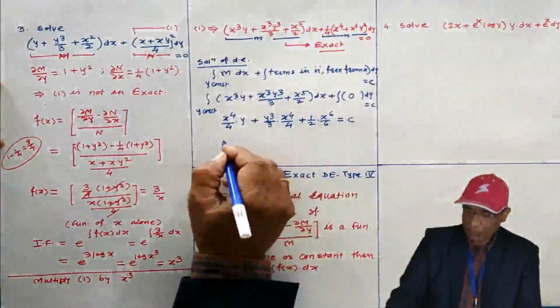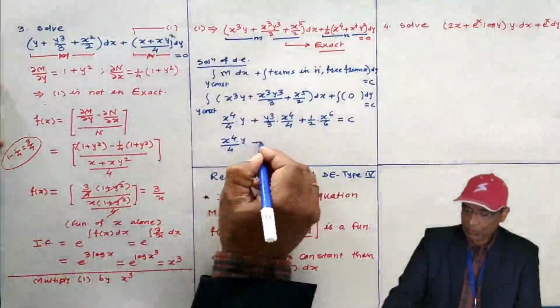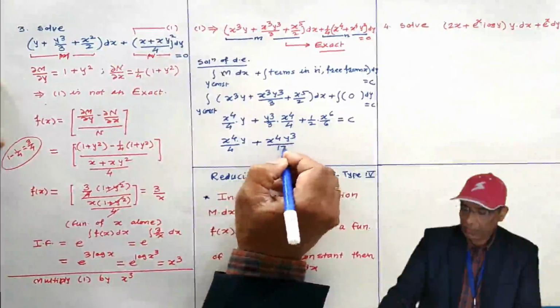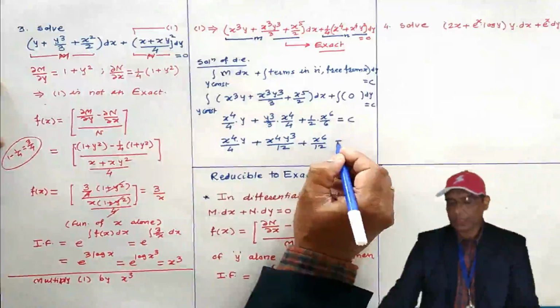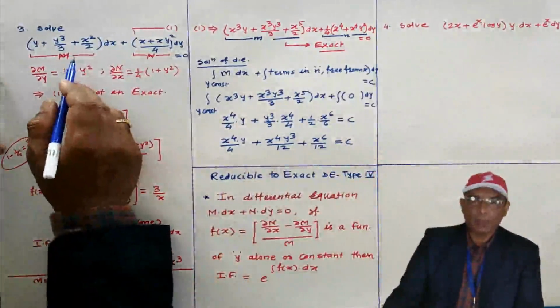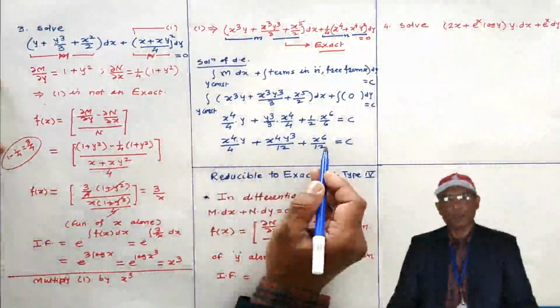Now x power 4 by 4, y is there, x power 4 y cube by 12, and x power 6 by 12 is equal to c. So this is the solution to this differential equation. You can also multiply it by 12, because 12 is the LCM. Okay, that is for you.